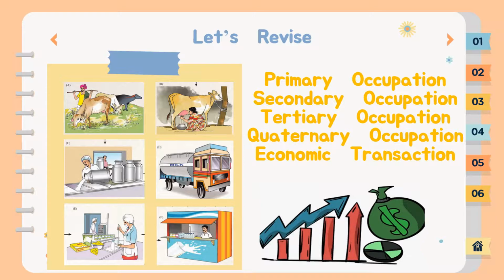Examples of tertiary occupations are transport of goods, loading and unloading of goods, sale of goods.